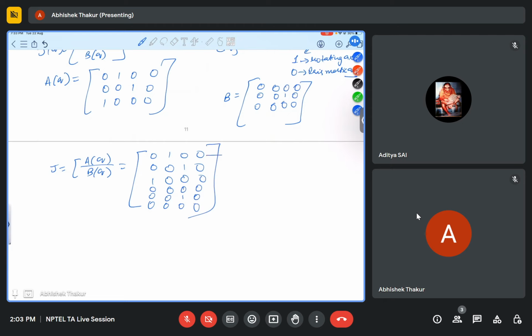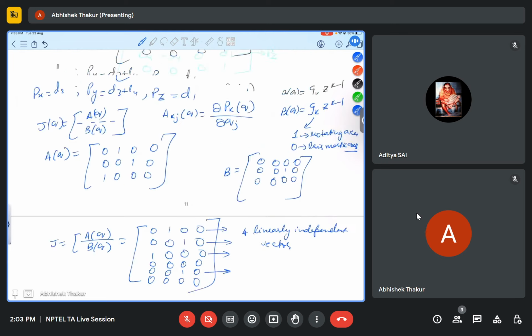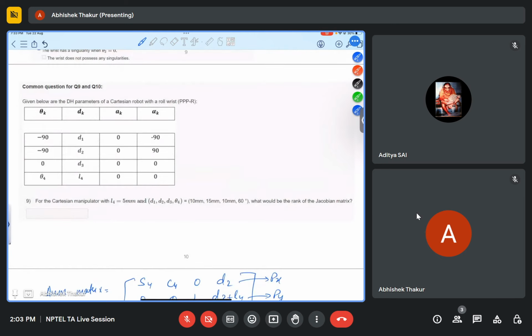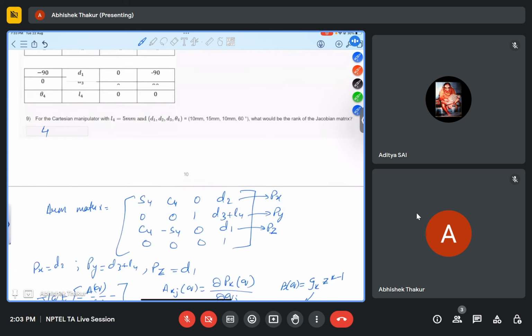Here you can see there are four linearly independent vectors, so the rank is four. Four linearly independent vectors from the Jacobian. So the rank will be 4. So for this question, the rank of the Jacobian matrix is 4.